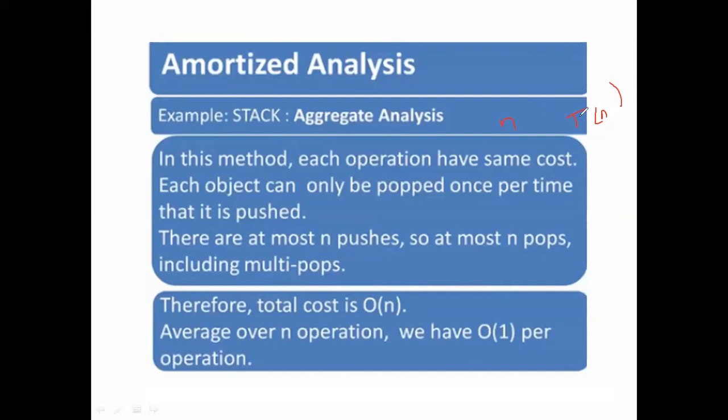In the worst case, the average cost or amortized cost per operation is T of n divided by n. This is the formula for aggregate analysis. So this is the common example for stack.